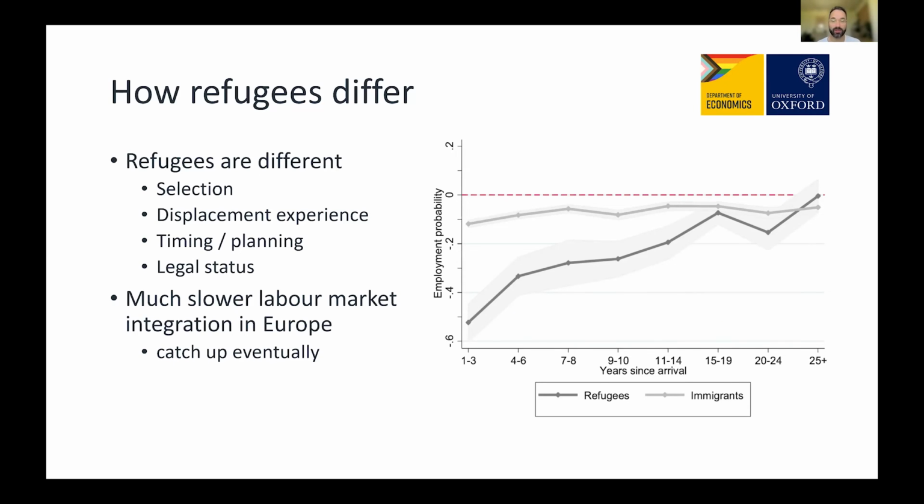Yeah, I mean, this is great. Of course, this figure hides all kinds of differences that I've tried to at least allude to in the first couple of bullets. Refugees are differently selected. They come from different places with different types of education. They have these different displacement experiences. And so all of that is wrapped up in this figure.